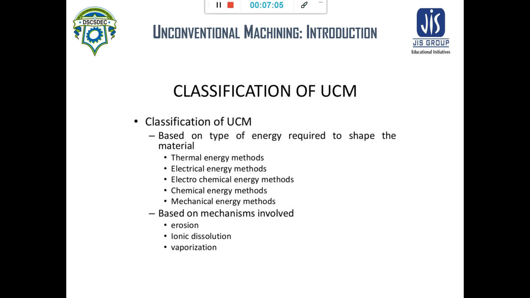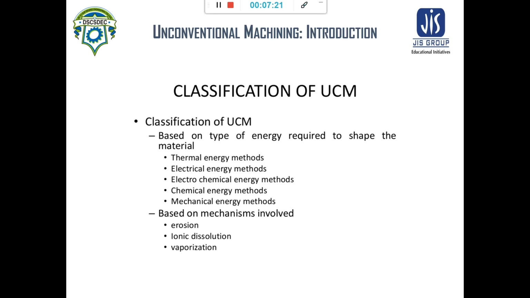There are various examples of the thermal energy method, such as laser beam machining, electron beam machining, etc. Next is the electrical energy method.